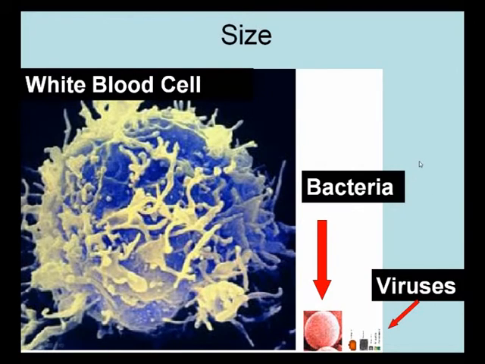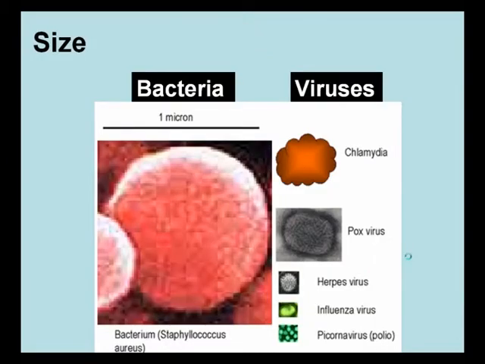So if you look here in terms of the size of viruses, they're really the smallest on our scale. Viruses are incredibly small. So if this were a white blood cell, many bacteria would be roughly this size, and viruses much smaller again.